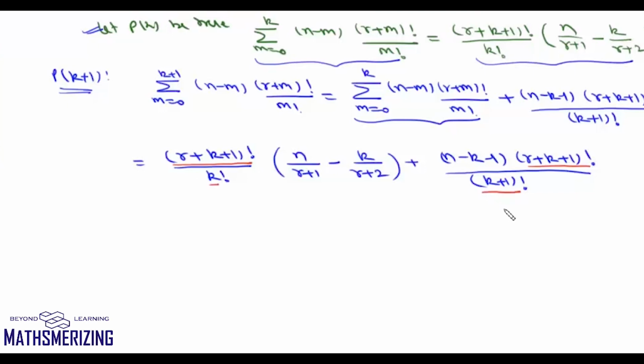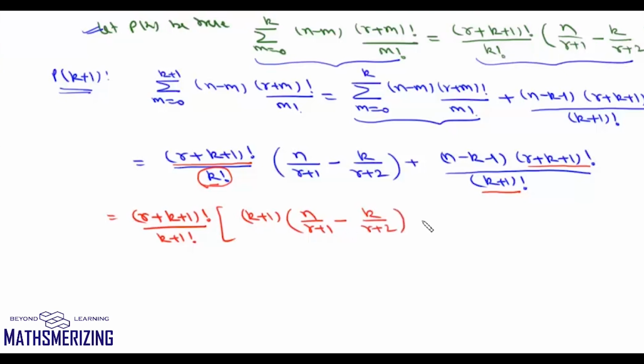So we can write it as r plus k plus 1 factorial upon factorial k plus 1, and since we are taking factorial k plus 1 common, here I'll need to multiply and divide it with k plus 1.